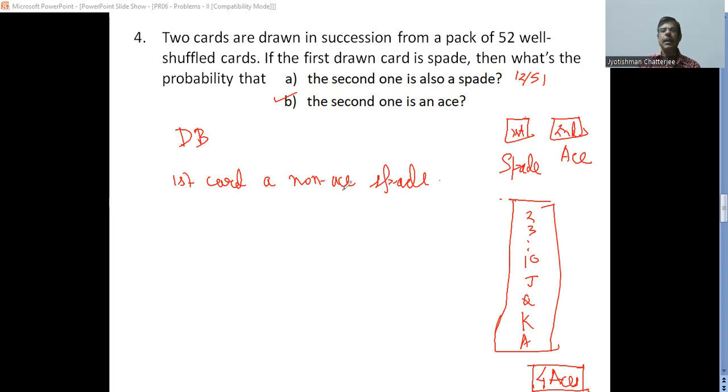In that case, there are 12 possibilities for the first position. And once that is done, for the second card, each of the 4 aces is available. So we can fill the second position in 4 ways. That's why under this we have these many possibilities. Let me repeat.